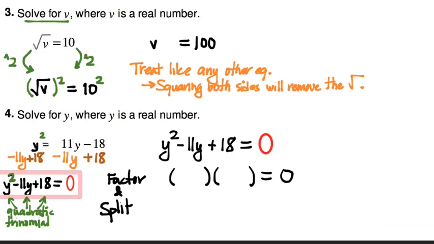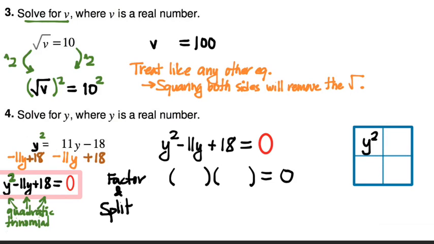So then we keep moving the goalposts in this problem. Now we have the question, how do I factor y squared minus 11y plus 18? And this is another thing we talked about on Monday.